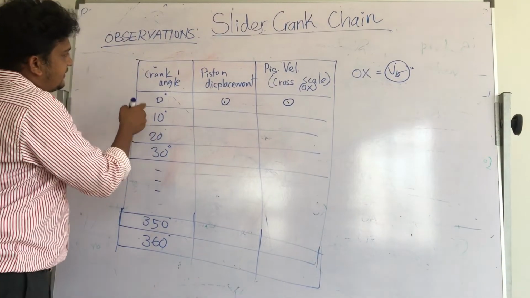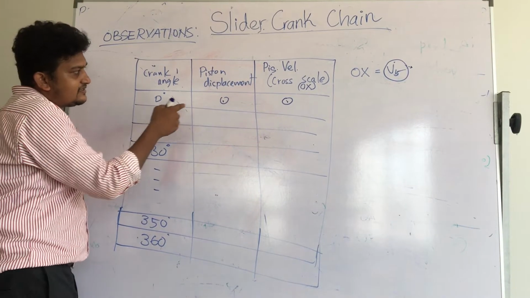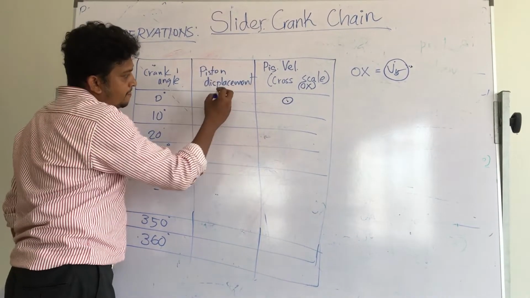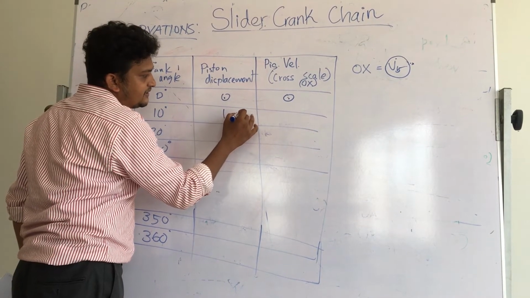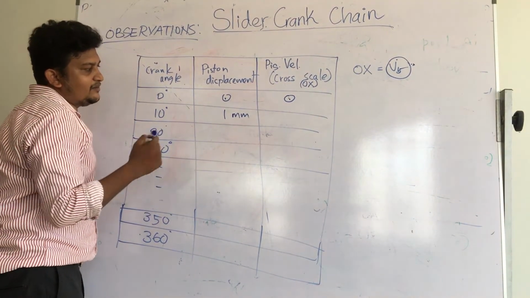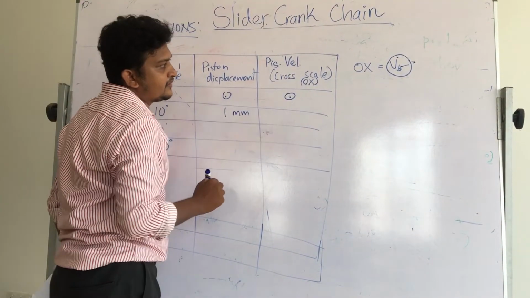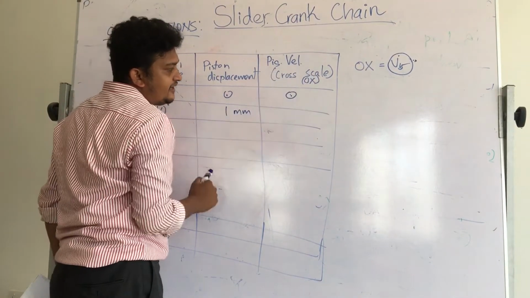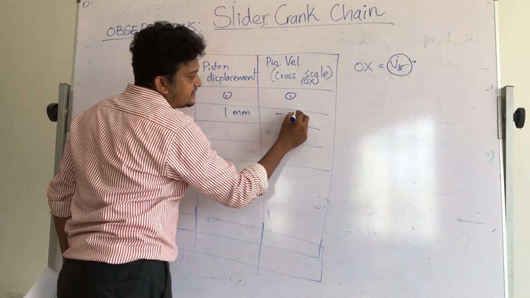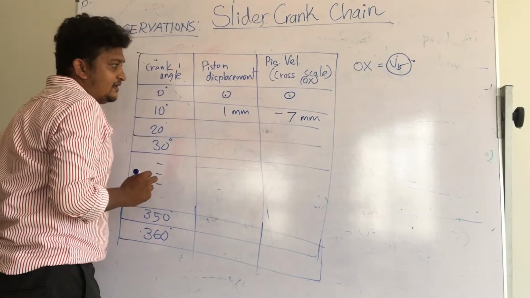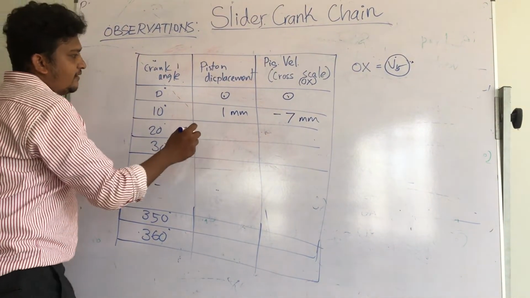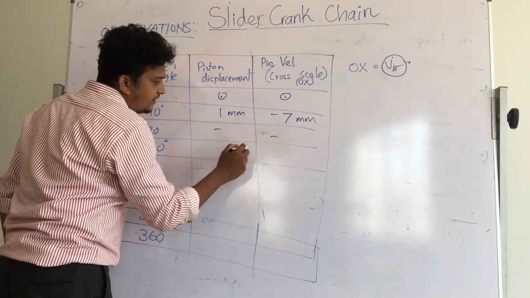But when the crank angle is 10 degrees, the piston displacement we get is 1 millimeter, right? And the cross scale reading is minus 7 millimeter. Likewise, you have to fill up all the readings.